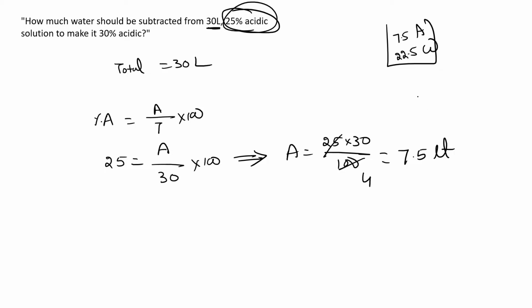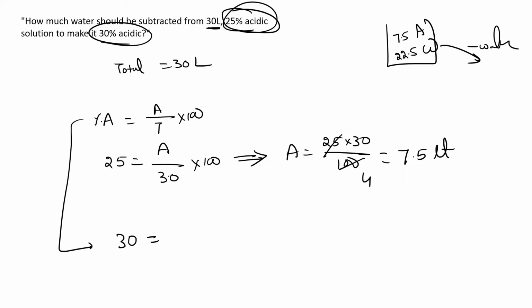Now you are removing some water, because he wants to make the acid 30%. This time you are removing water, which means the acid is going to remain the same. So you have 7.5 liters of acid, but you are removing some water. Initially the solution is 30 liters and you remove some W liters of water. Whatever you remove is going to come from the water.